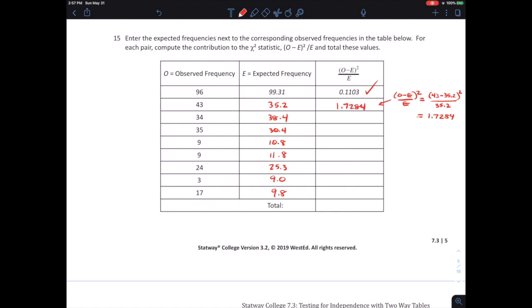All right, now take a moment and pause the video, and I'd like you to fill out the rest of the table and then do the total when it's done. Okay. When you come back, when you take me off pause, I'll put the rest of this in. Okay, so let me go ahead and start putting these numbers in.